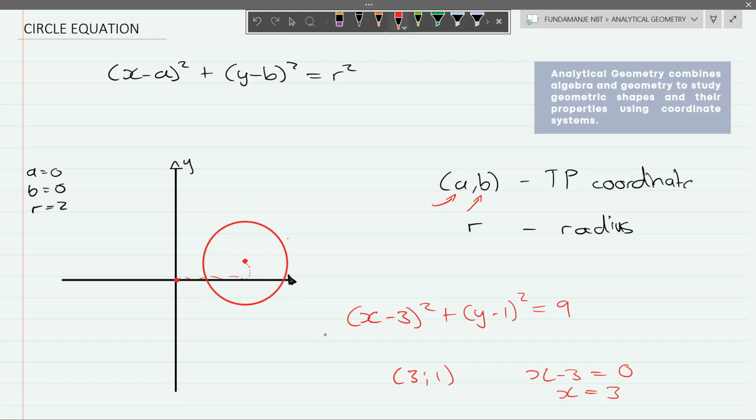This is the circle equation (x − 3)² + (y − 1)². I'm avoiding using the word function because we are not under functions. If you watch the video on testing functions, by performing the vertical line test you would see that for one x input I'm getting 2 y outputs, which means that is not a function that I'm dealing with. So that's how you translate the circle equation.